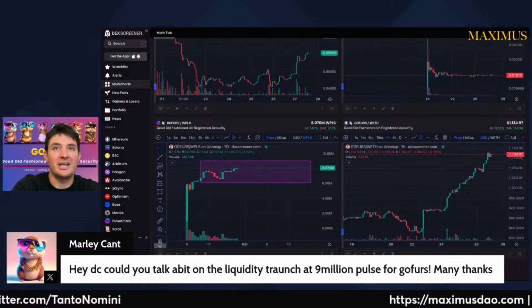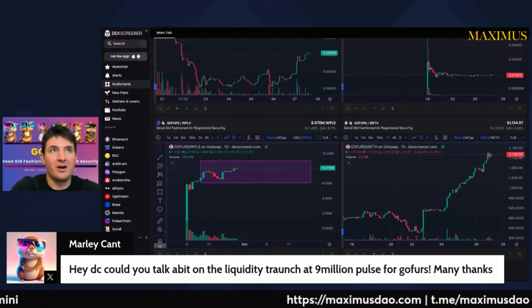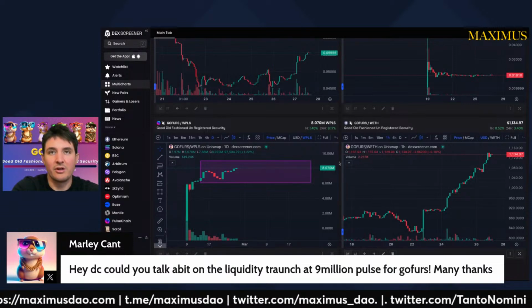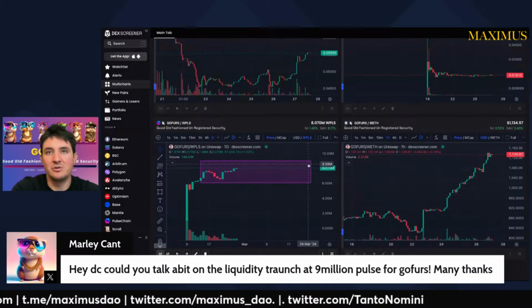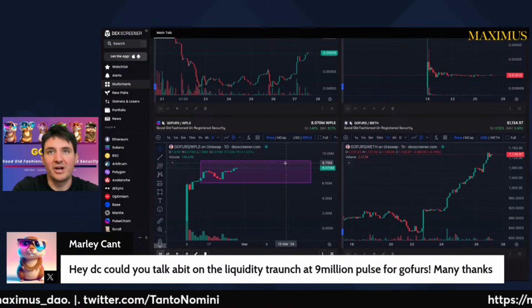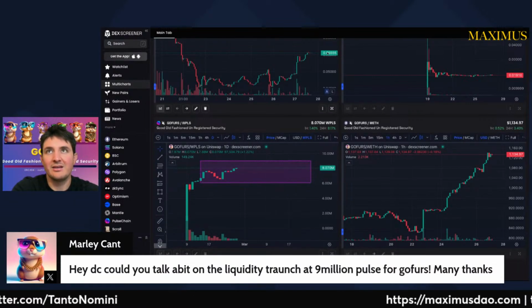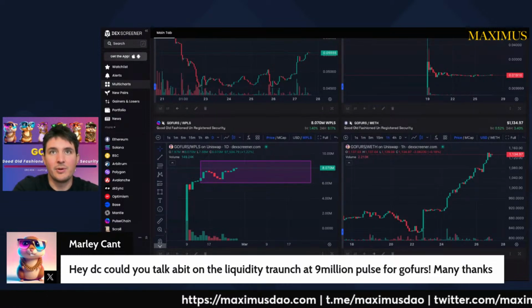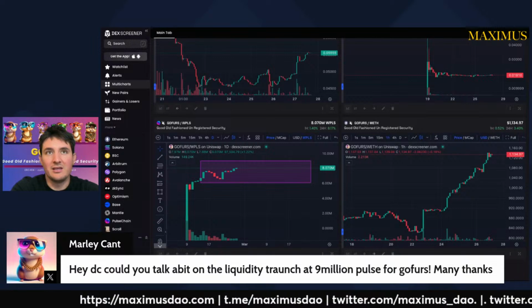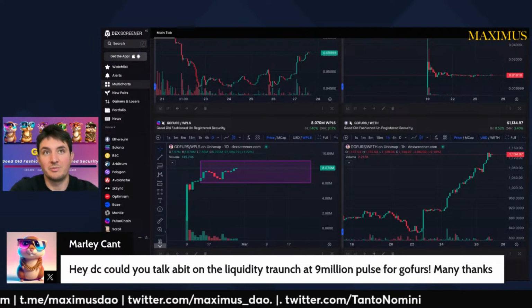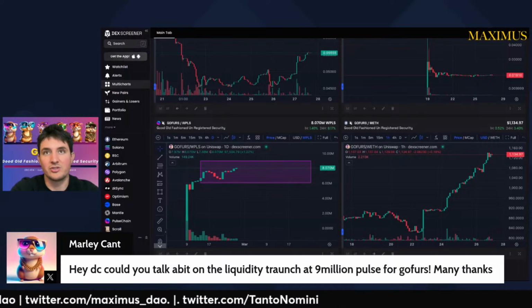So as is right now, there are about 190 GOFURS in, at least, this position. There are other liquidity providers and there's a V2 pool, but there's only about 120 GOFURS between this current price and 9. Once it gets past that 9 pulse level, the amount of liquidity for sale becomes very, very thin compared to what it's been throughout basically this whole launch phase.